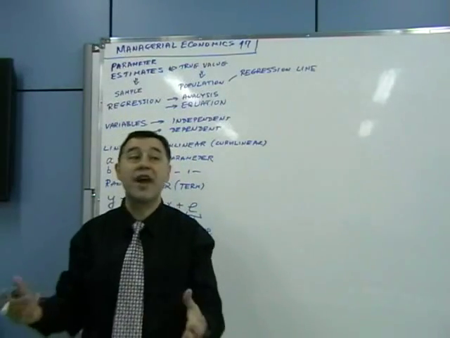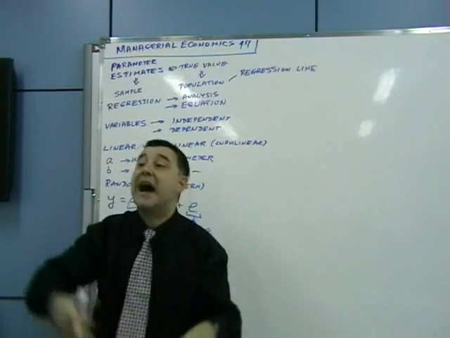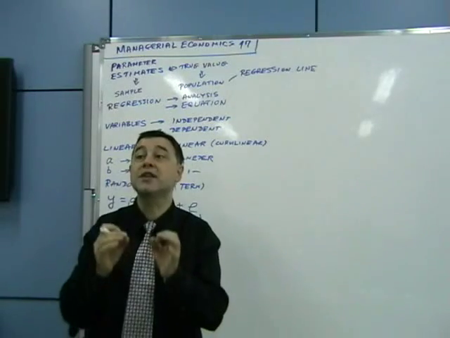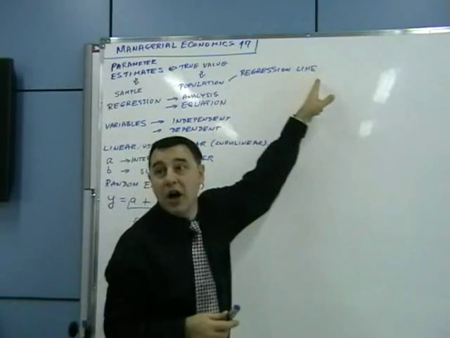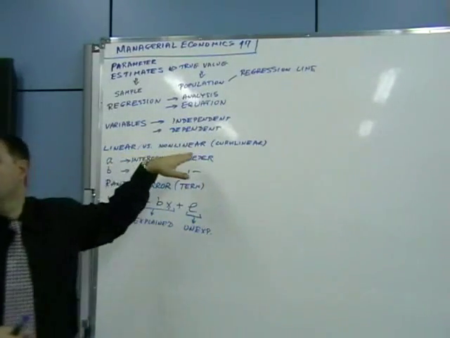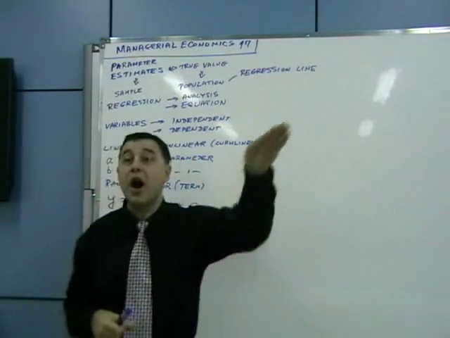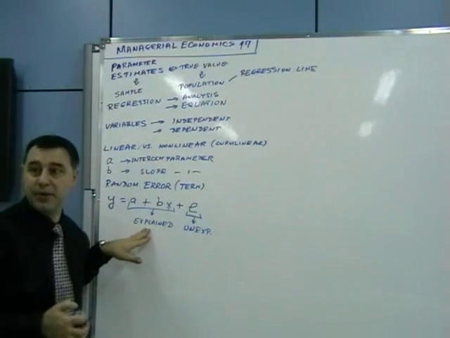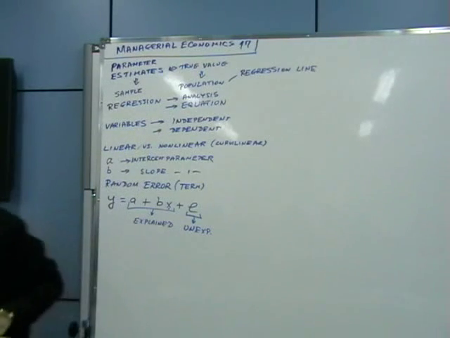Whenever you pick randomly 20 or 100 observations as a sample out of 1 million observations, of course these 20 will not quite perfectly represent the whole. So the regression line is essentially coming out of linear regression. When you have a linear regression, the line, in this particular case we call it the explained part, represents the regression line.